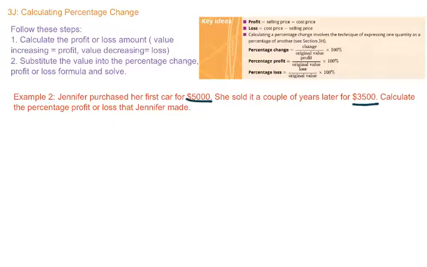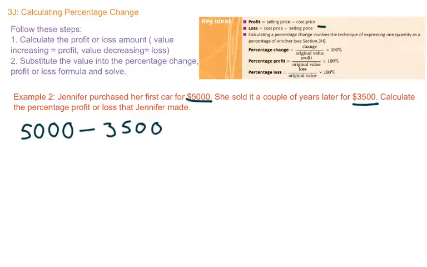$3,500. So the first step we need to do is calculate the profit or loss amount. Well, we can see here that the number has gone from 5,000 down to 3,500. So that says to us that the value has decreased, which means it's a loss. So if we look over here, to calculate the amount of the loss, we have to get the cost price, or the initial price, which was 5,000, and minus the selling price, which was 3,500.